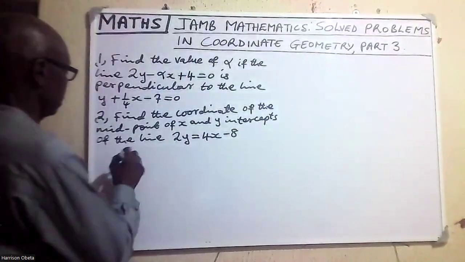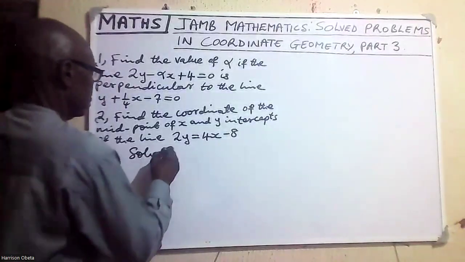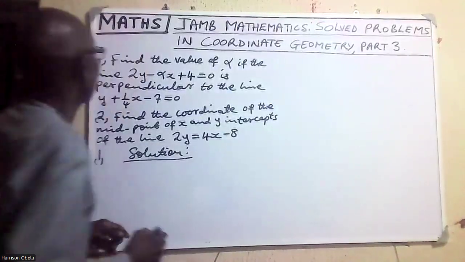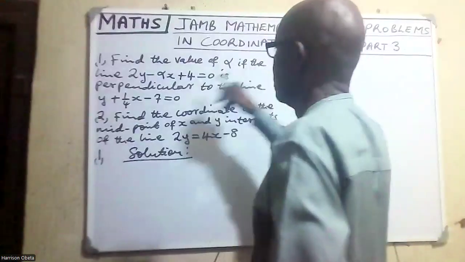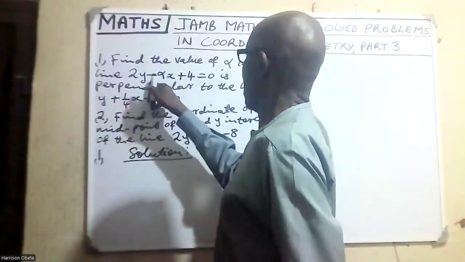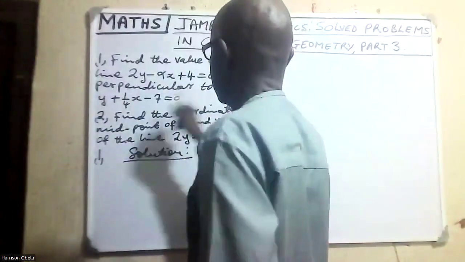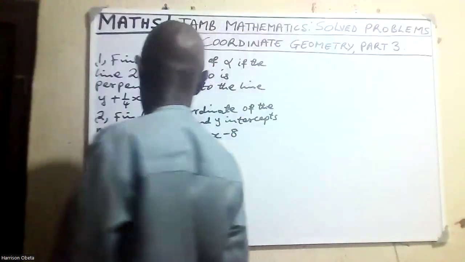Question number 1, solution. We are told to find the value of alpha if the line 2y minus alpha x plus 4 equal to 0 is perpendicular to the line y plus 1 over 4x minus 7 equal to 0.